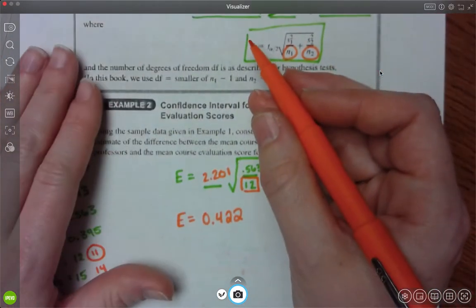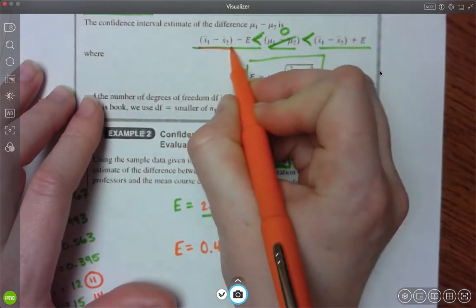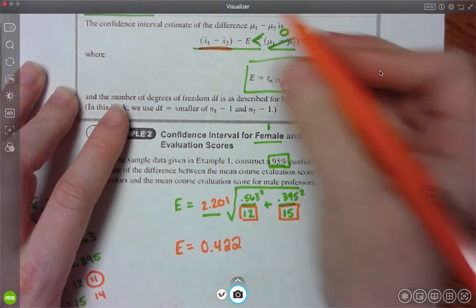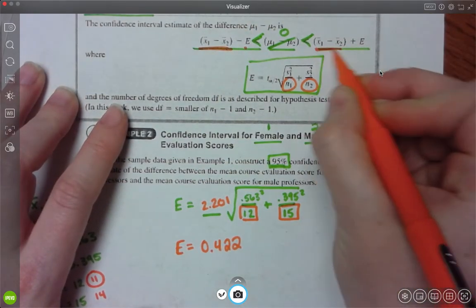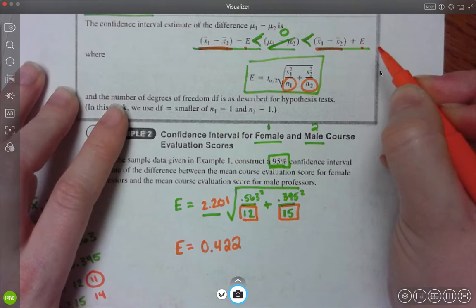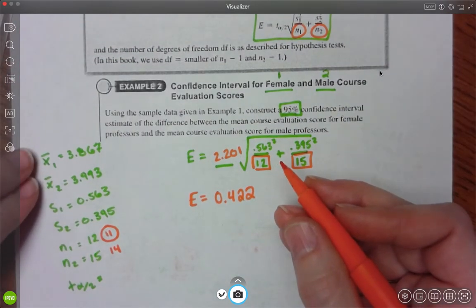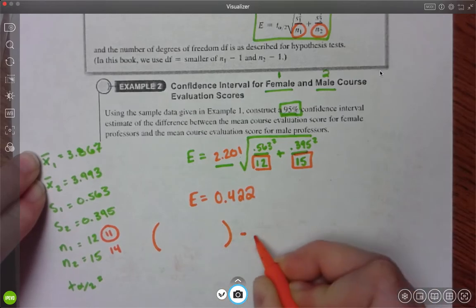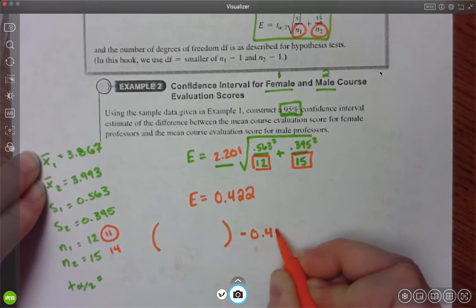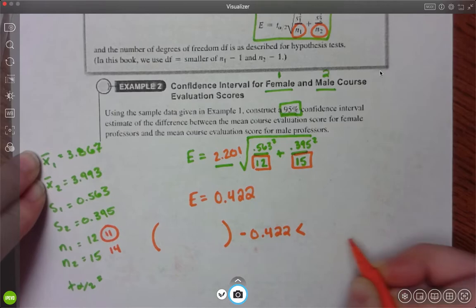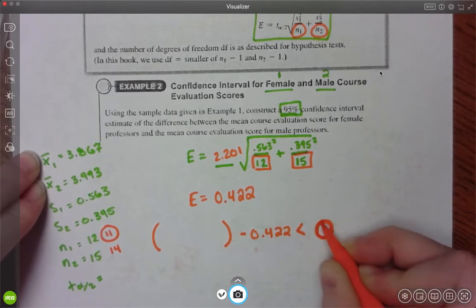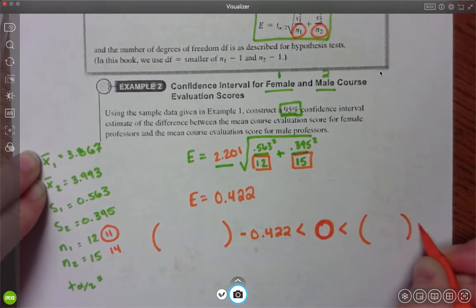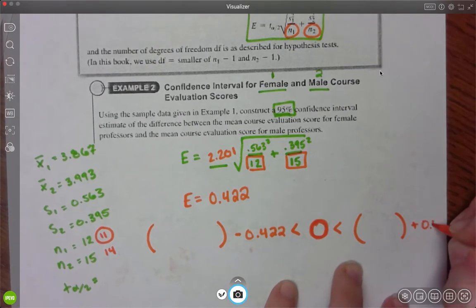Now we just need to write our confidence interval out. So we have x1 bar minus x2 bar minus the error, and then x1 bar minus x2 bar plus the error. That's where these two things come into play, because we haven't used them yet. So I'm going to write this all out: subtract my error, is less than 0, because that 0 lives in the middle, is less than this guy plus my error, 0.422.